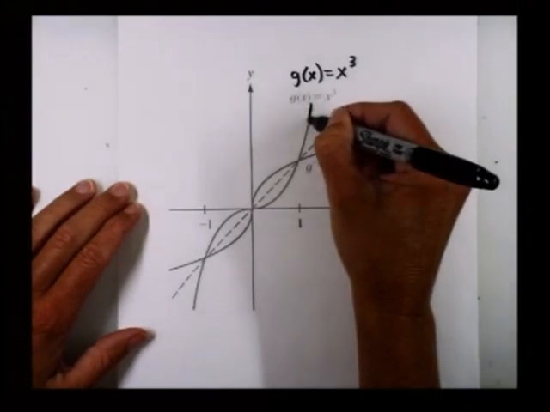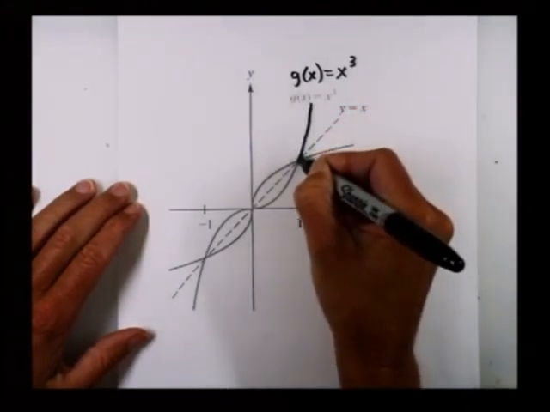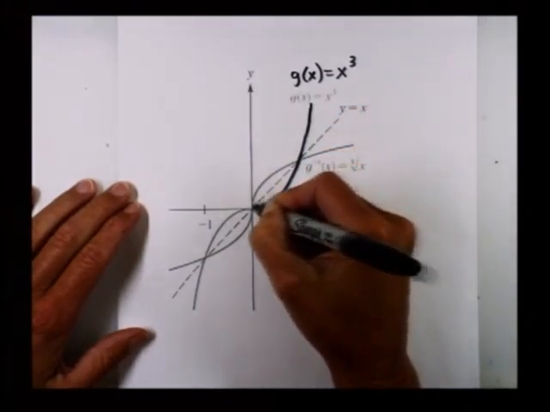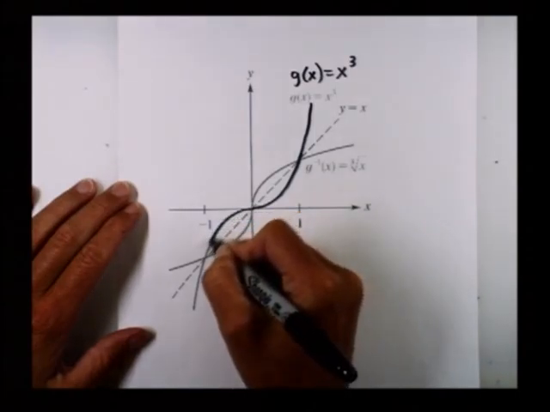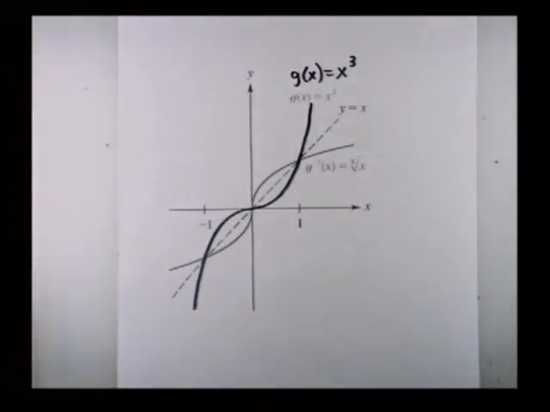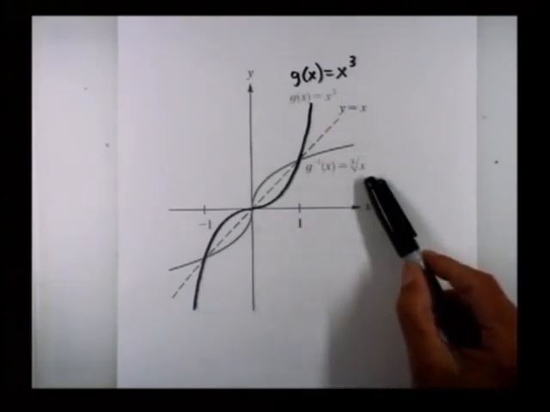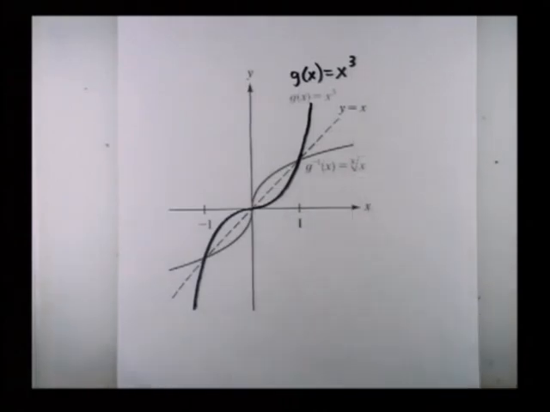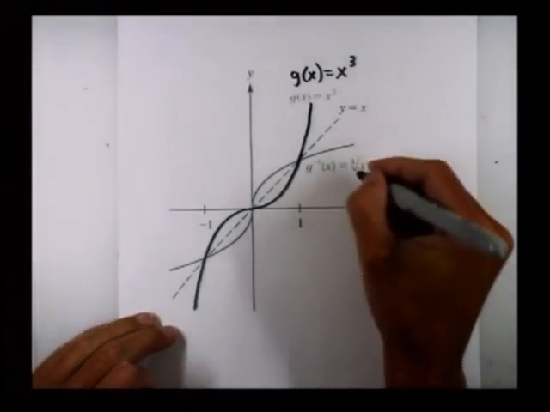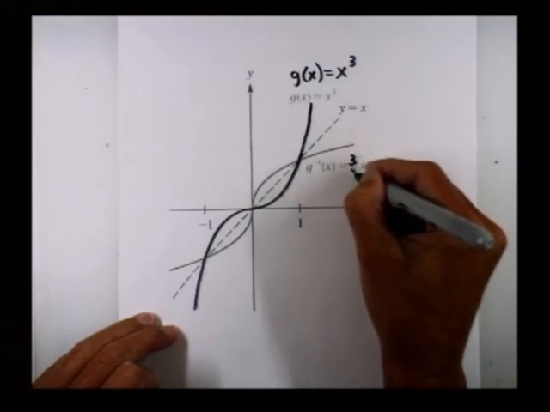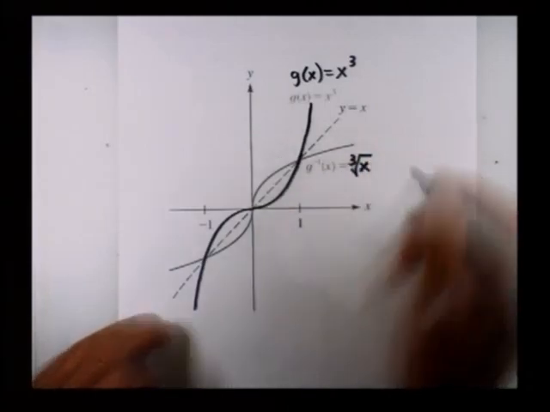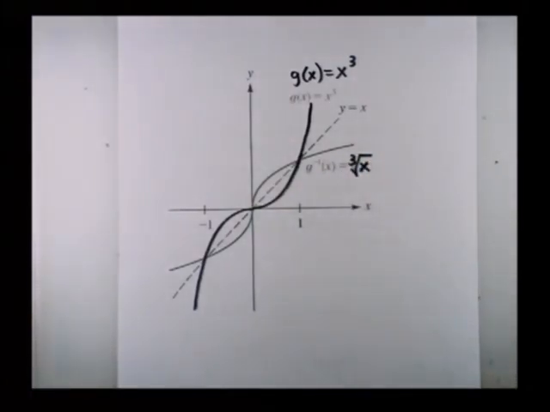So this graph right here, I'm going to go over it. Okay, so we have g of x equals x cubed. And the inverse for that equation would be the cube root of x. Okay, so these are our two equations.